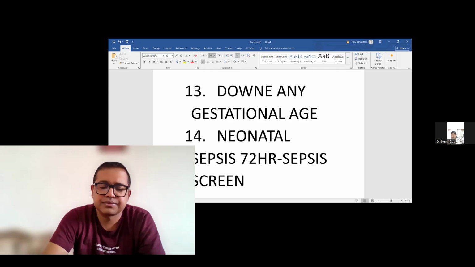Immature to total neutrophil ratio, the IT ratio, is important: more than 0.2. Micro ESR more than 15 millimeters in 1 hour. Platelet count less than 1,50,000 per cubic millimeter. So this is important.